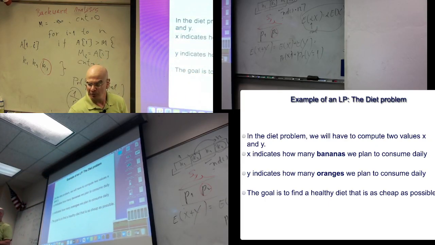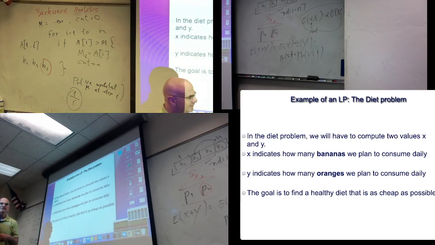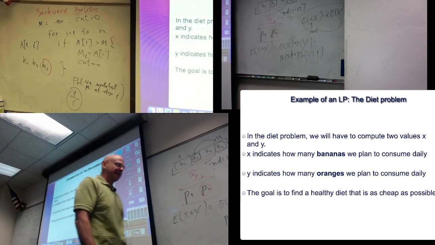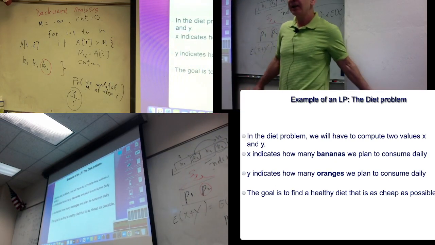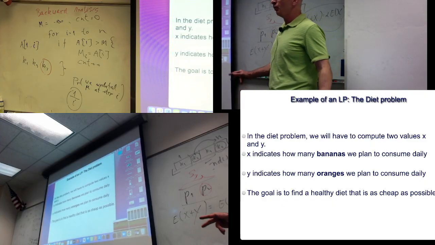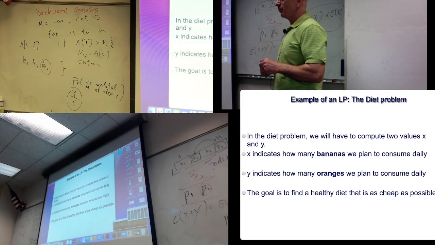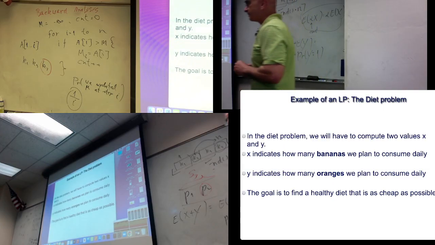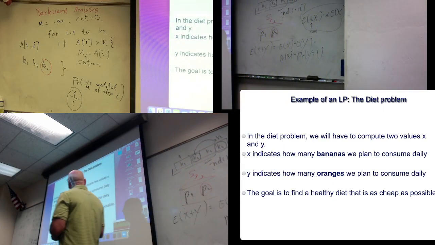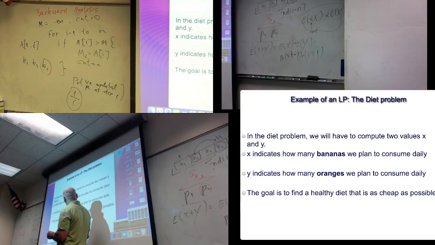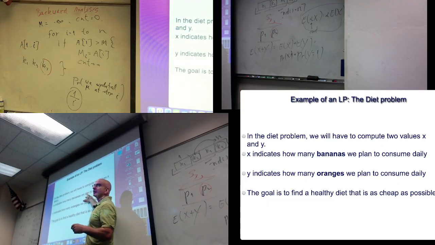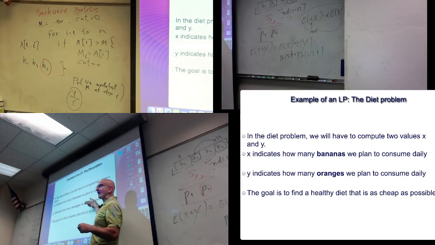So we have the diet problem. I'm going to help you design a really efficient, economical yet very healthy diet. There is a little caveat here: you have to switch to eating bananas and oranges only. Nothing else but bananas and oranges. And we are going to optimize how many bananas and how many oranges you're going to have.